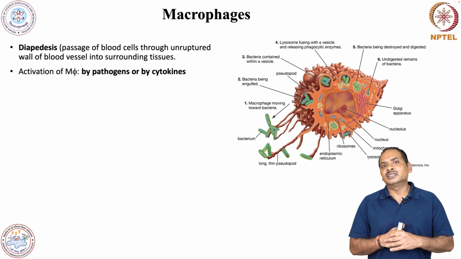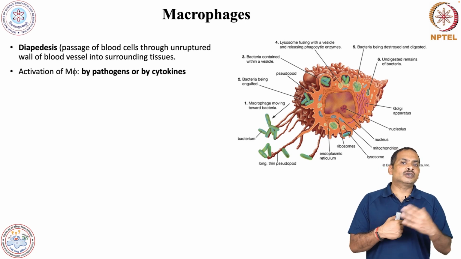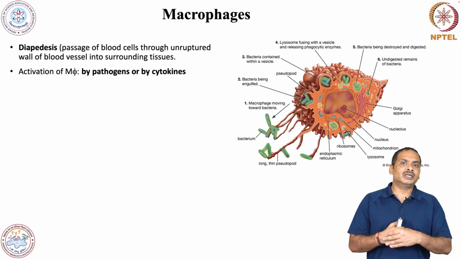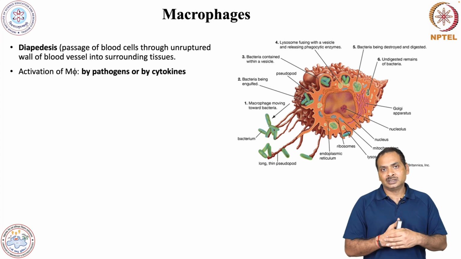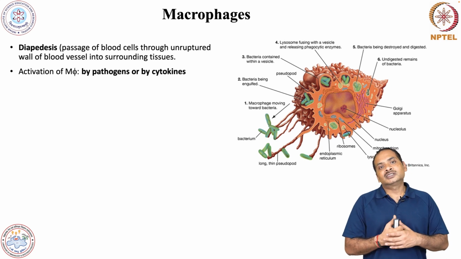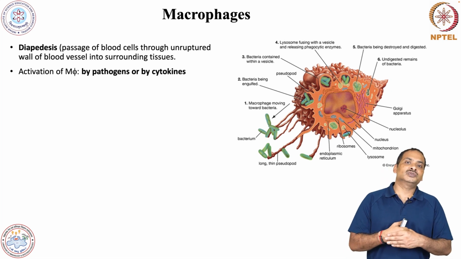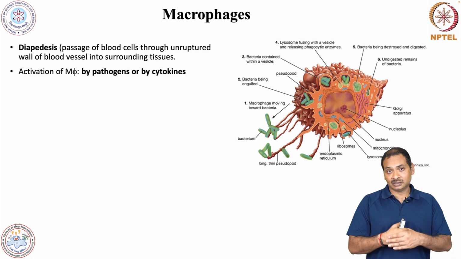All these properties together we call activated macrophages, or activation of macrophages, and this can be achieved in two major ways. Number one, when the macrophages see a microbial pathogen, they get activated. Number two, macrophages also get activated when they are treated with some immune factors, which we call cytokines.